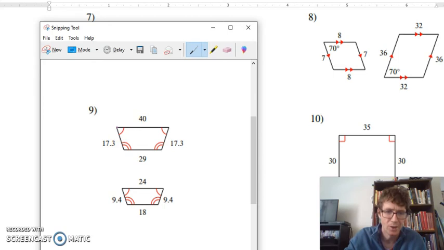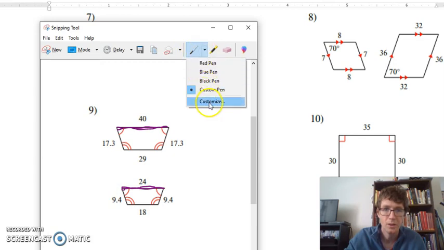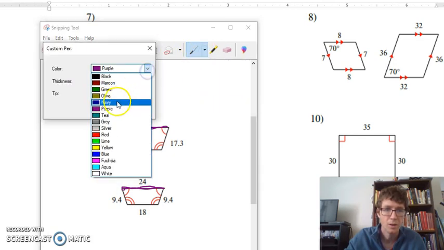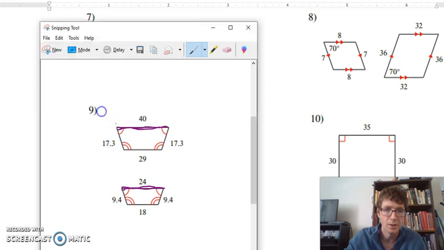So we just have to match our corresponding sides. This 40 corresponds to the 24. This 17.3 corresponds to the 9.4.